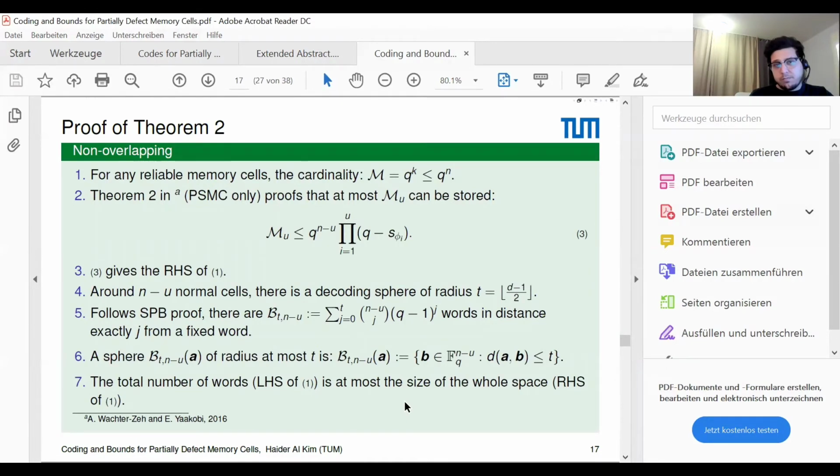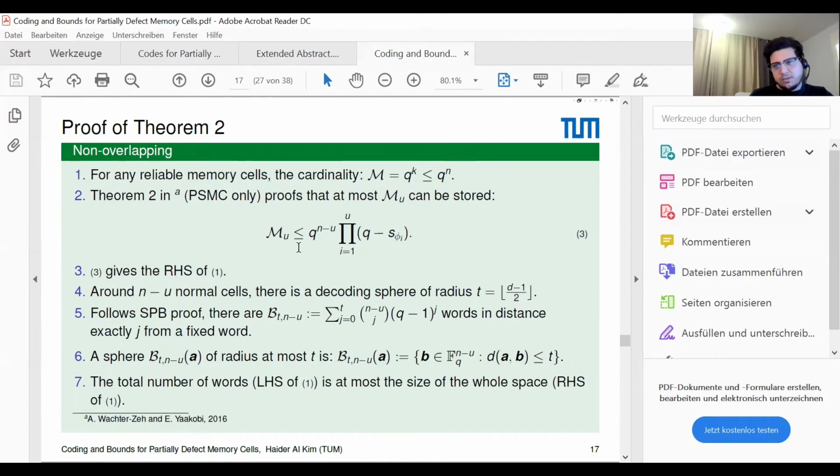While in theorem 2, in Ethan and Antonia, if we consider only PCMC, they prove that the M for a partially stuck memory cell is given by 3. So this is the inequality.